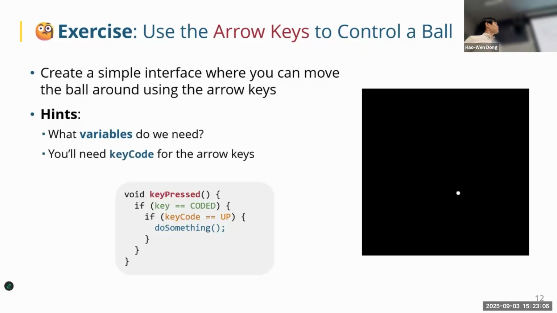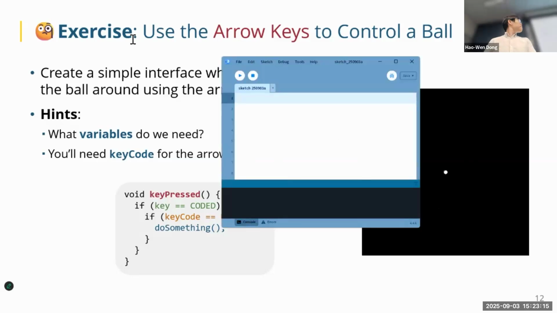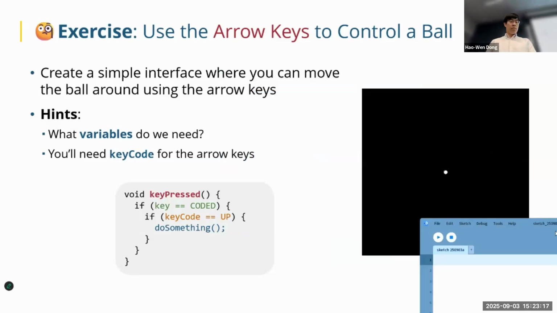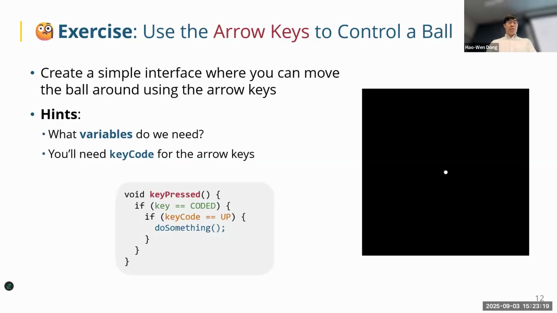And you will need key code for all these. It should start in the middle of the canvas. So what do you need as a variable to store where it is?